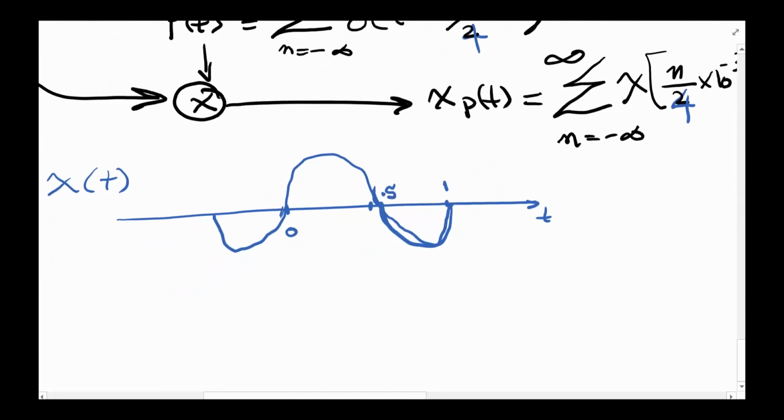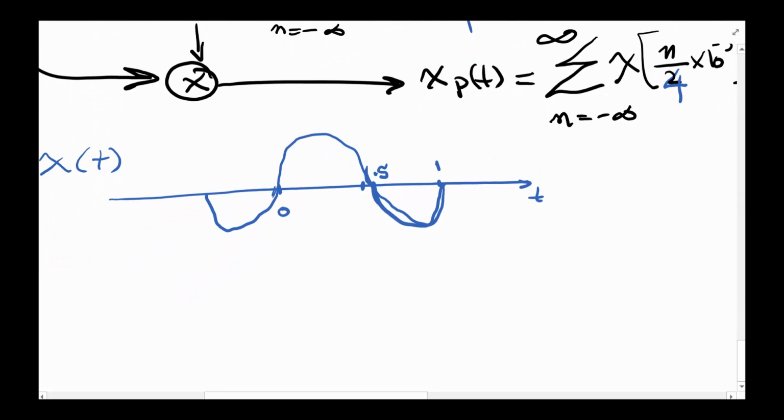All right, so that's what I've got. That means my sampling rate, so let's do p of t here, and my p of t is going to have samples lined up. You're going to have 1 at 0.